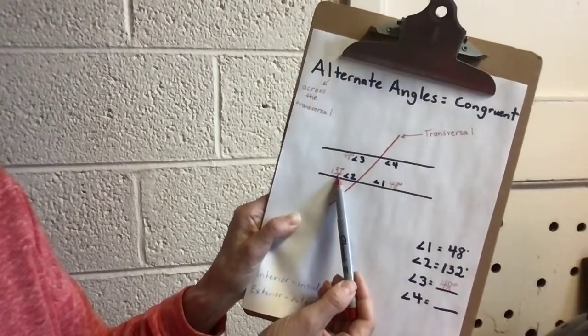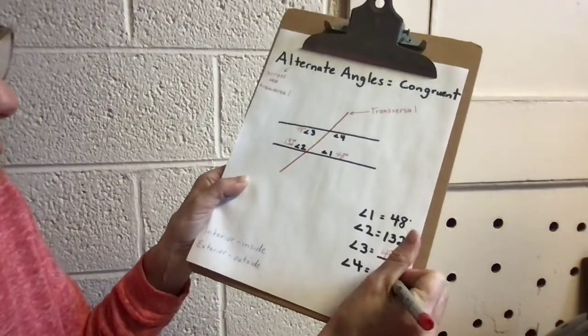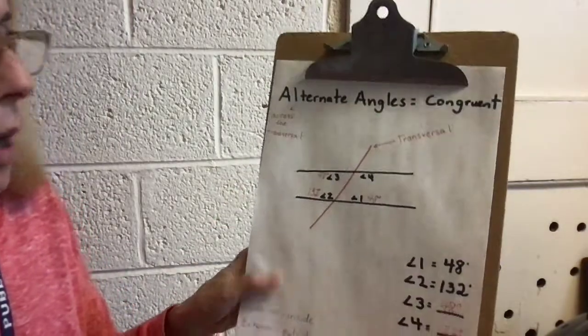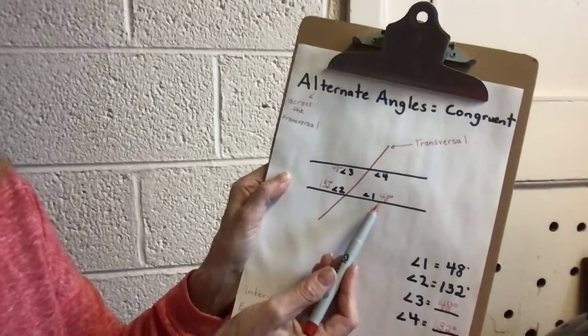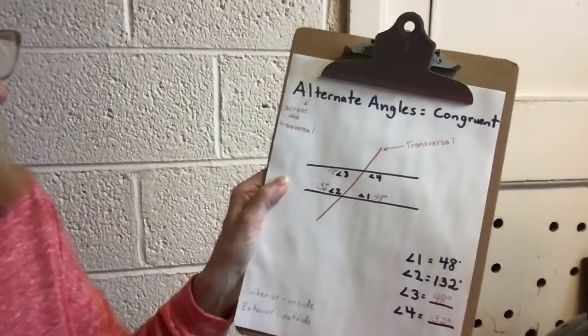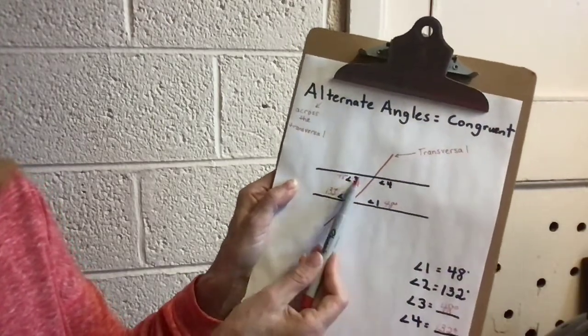If 2 is 132, 4 is going to be 132. Okay, and that's all you have to do for the rest of the problems. You have to take the two measurements that they give you, go across the transversal to get your alternate angle, and write in the same measure. Okay, so 2 would go with 4, 1 would go with 3.